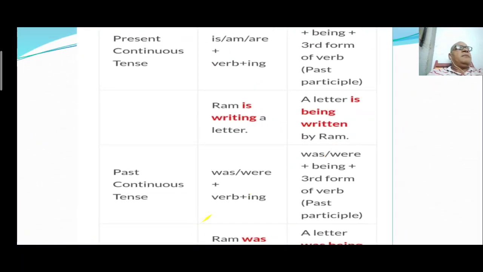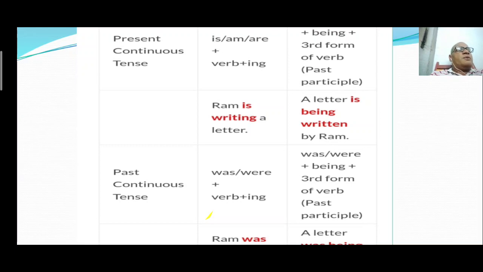Cricket is being played by Rama. So is being will become is plus verb continuous. Played will become playing. Who is playing? Rama is playing cricket. We moved Rama into cricket's place and cricket into Rama's place.